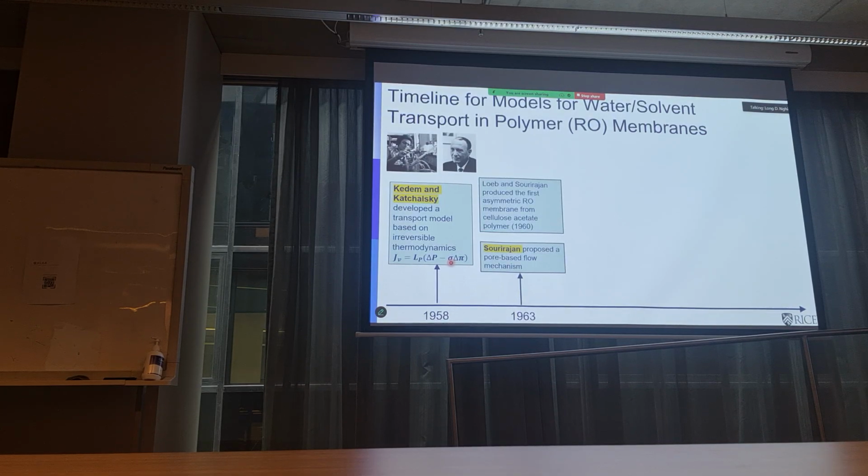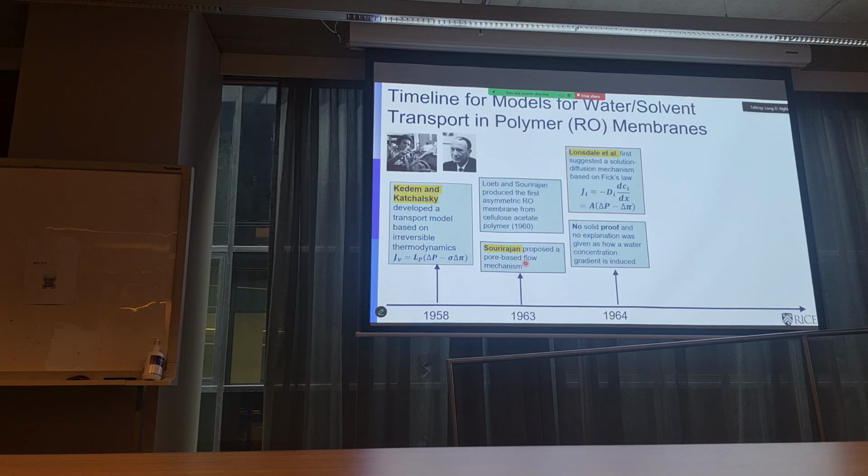In 1960, Loeb and Sourirajan developed the first asymmetric reverse osmosis membrane. This is a discovery that, in my opinion, should have gotten the Nobel Prize, but it did not. And Sourirajan always believed that there is a pore flow mechanism, and he wrote it in one of his books and documents. He did not publish a lot of papers. He proposed the pore flow based mechanism, but everyone ignored it and no one paid attention to it.